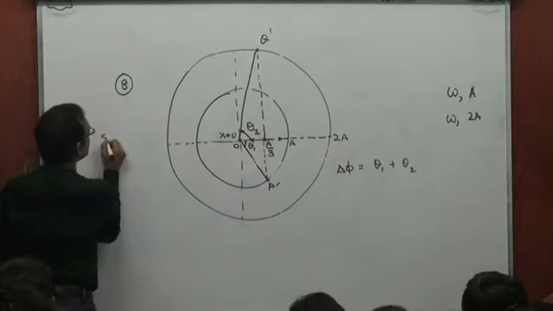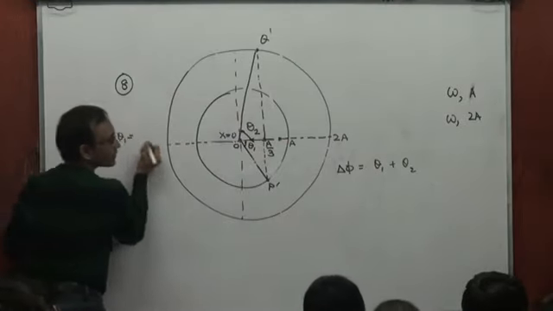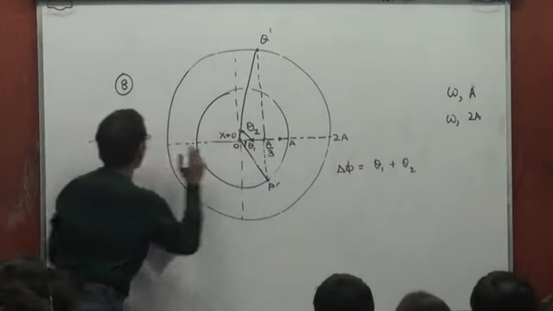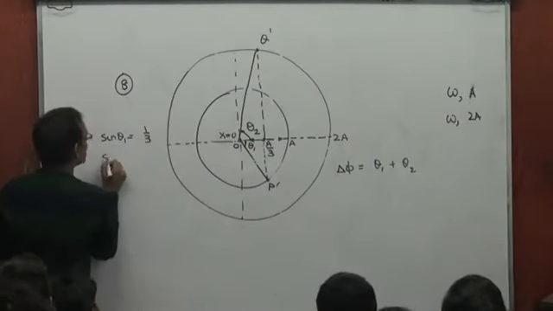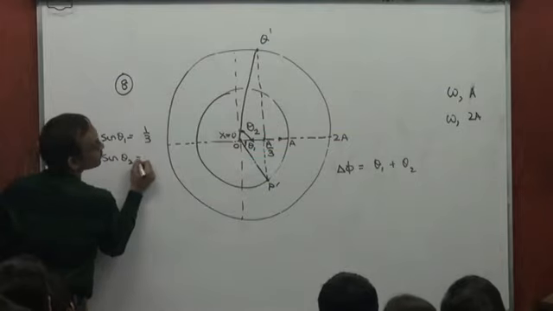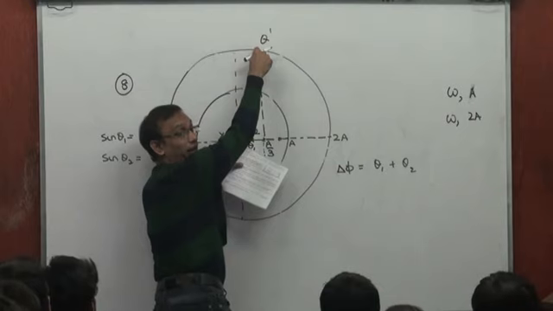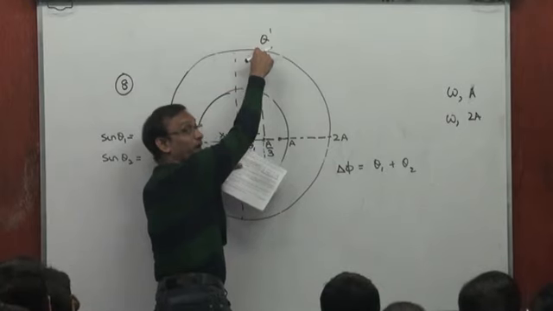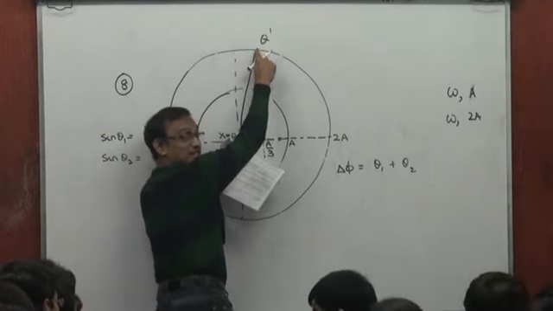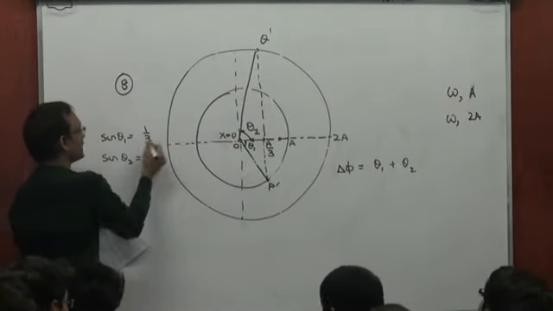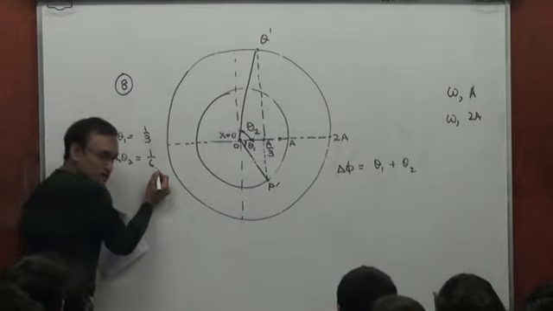Evidently, sine theta 1, as you can see, sine theta 1 is A by 3 divided by A, so 1/3. Sine theta 2 is A by 3 divided by 2A, that is 1 by 6. So theta 1 is sine inverse 1/3, theta 2 is sine inverse 1/6.